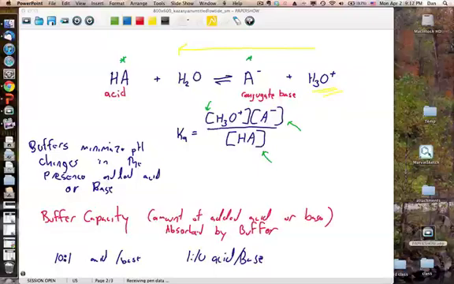What this does is fix a pH range around the Ka of the weak acid, and some will float about 1 pH unit around the weak acid.